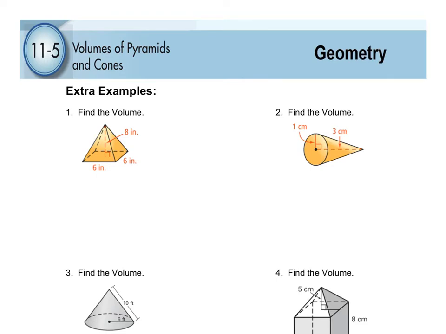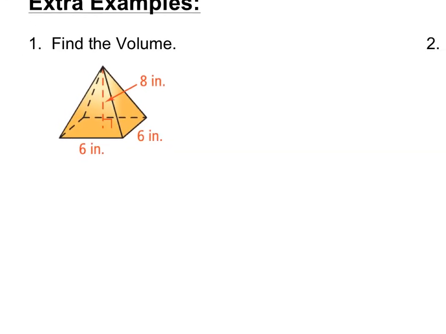Okay, so let's take a look at this first example where we're finding the volume. We've got a square pyramid here. Again, we went through quite a few examples, but we'll go through a couple more. Volume is going to be base times height of the square times the height of the pyramid divided by 3. The base is 6. The height of the square is 6. The height of the pyramid is 8.